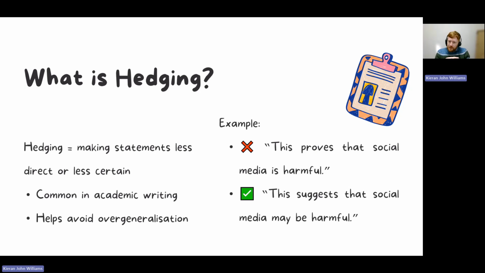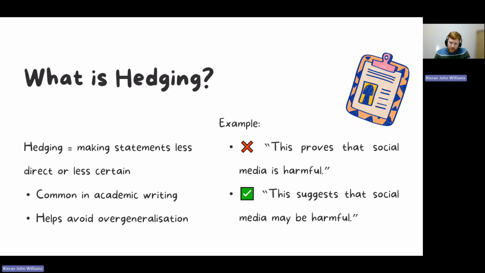Well, that's not actually true, not most of the time anyway, because in academic writing, we often try to avoid making absolute claims. Everything should always try to be backed up with evidence. So if you are making claims that are completely definite and certain, you need to have that evidence ready to go. And if you don't, it can make you sound a little bit strange.